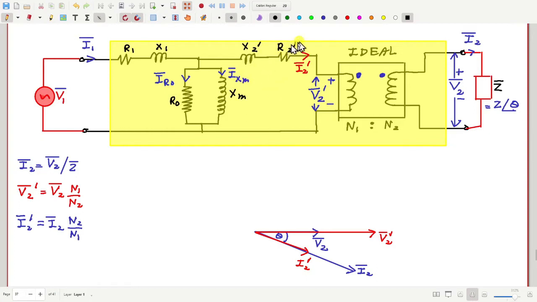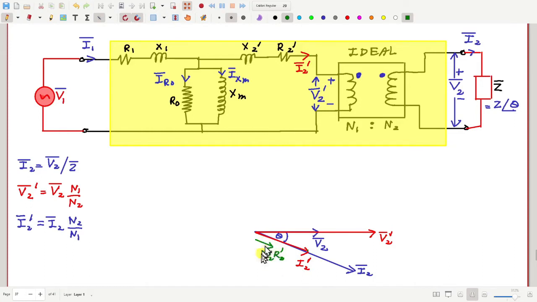Okay. So now how much is the voltage drop across R2 prime? That voltage drop will be in the same direction as I2 prime, okay? But a small quantity, so that may be like this, parallel to I2 prime. So this will be I2 prime R2 prime.